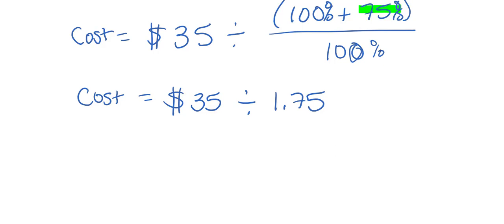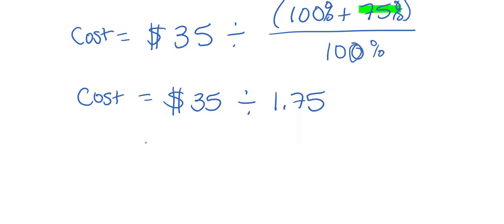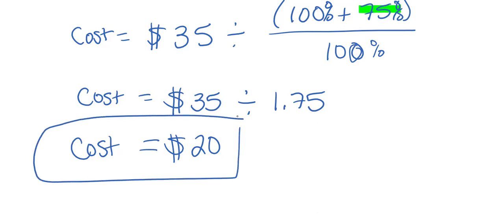And so we get 1.75, right? So we no longer have a percent, and now we can deal with our costs. So we just go $35 divided by 1.75, and we get $20 is our cost. And so we're done.